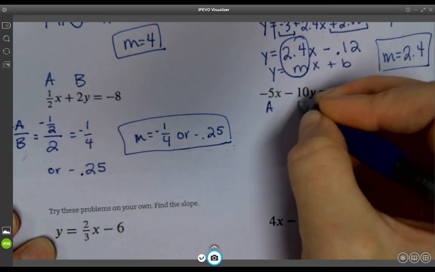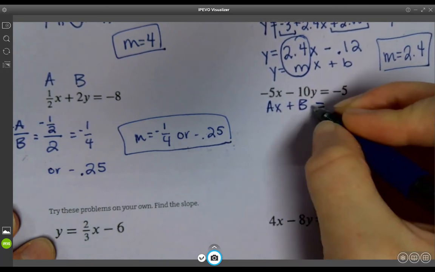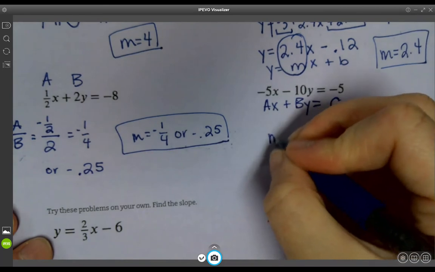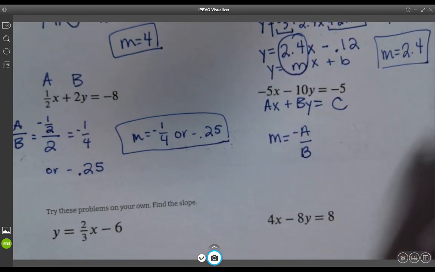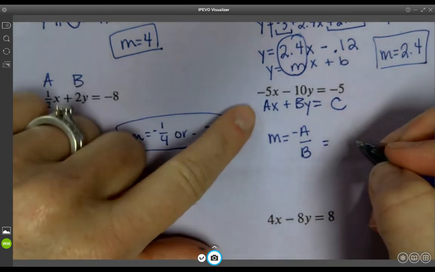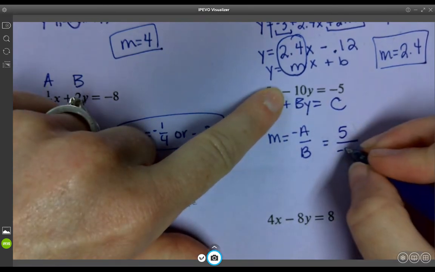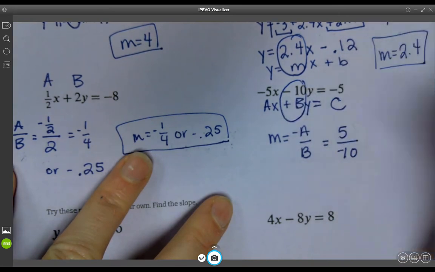It's another one. Ax plus by equals c. So the negative a over b just means change the sign of a, keep b the exact same. So it'd be positive 5 over a negative 10, because you would keep the same number for the b.